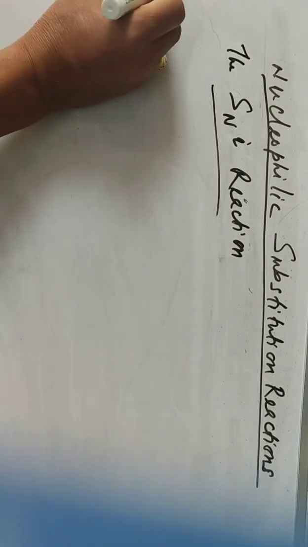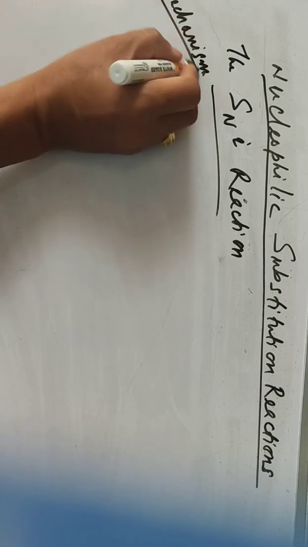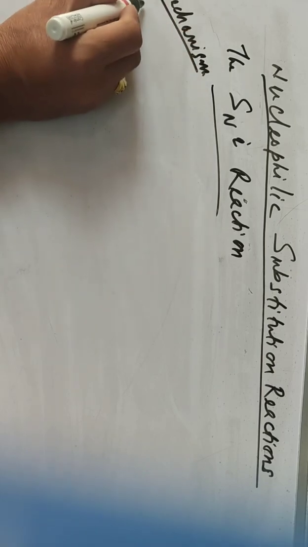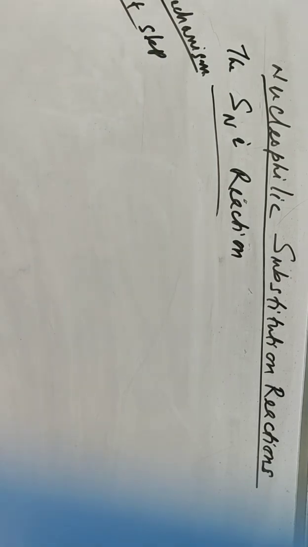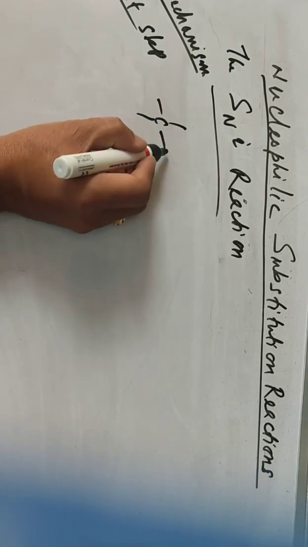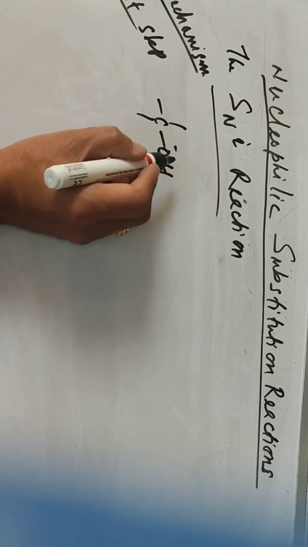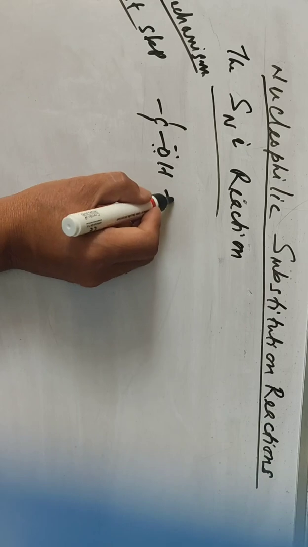Mechanism of the SNi reactions. It takes place in 3 steps. The first step is the formation of an alkyl chlorosulfite intermediate. Here the alcohol reacts with thionyl chloride.